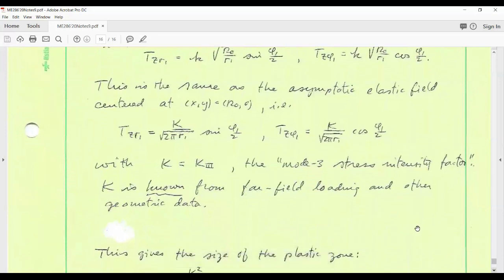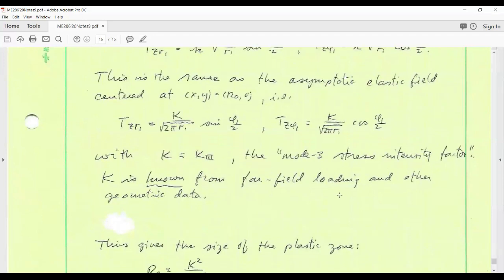And people who work in fracture mechanics are experts at figuring out what this constant K is in terms of other conditions that have to be given in the problem. For example, the problem as we set it up so far is just a semi-infinite crack and no other conditions being assigned. Those conditions that we've left undiscussed so far can be used to determine the value of the so-called stress intensity factor.